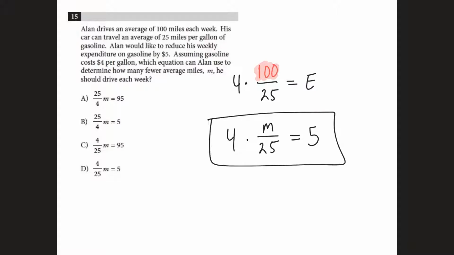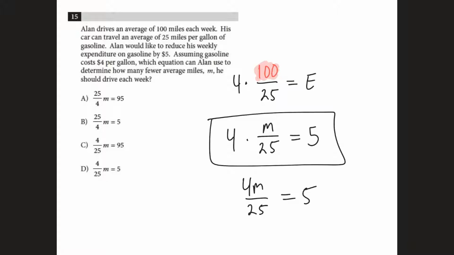Now, let's see if this matches. Okay, so it doesn't look like it's in the same format, but that's okay. Let's just rearrange this. So we can rewrite this as 4m over 25 equals 5.